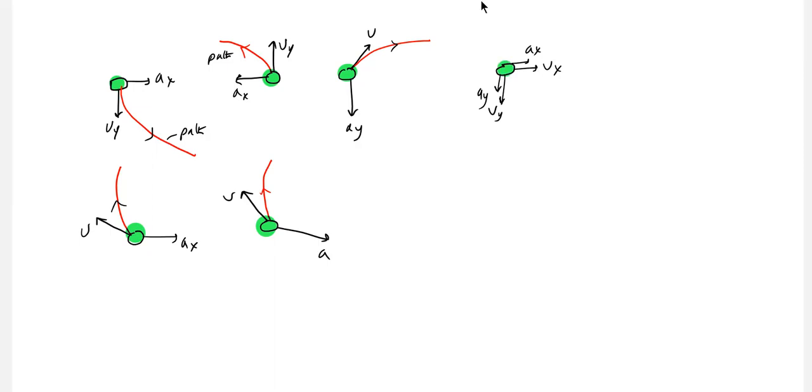Okay, fine. Now which velocity is greater? If I assume that ux is greater than uy, how will the resultant velocity be? The resultant velocity of the particle should be somewhere like this, and the resultant acceleration, let's assume that ay is greater than ax, will be somewhere like this. Then how will the particle deviate?